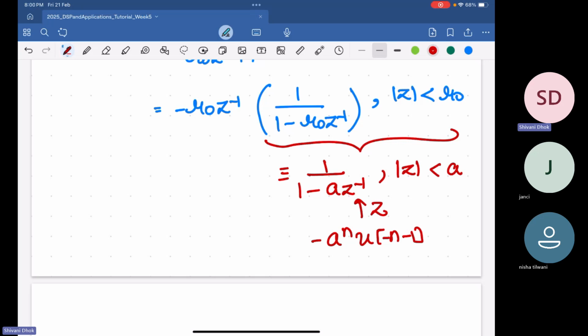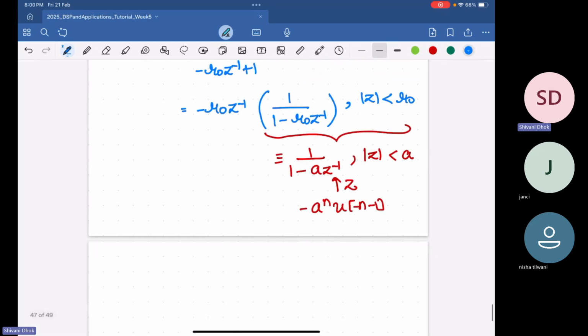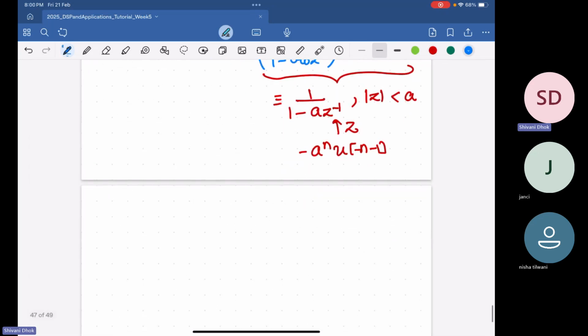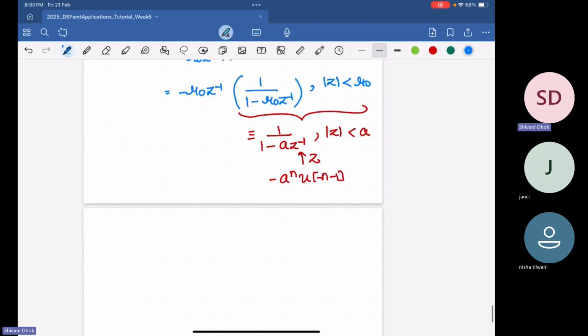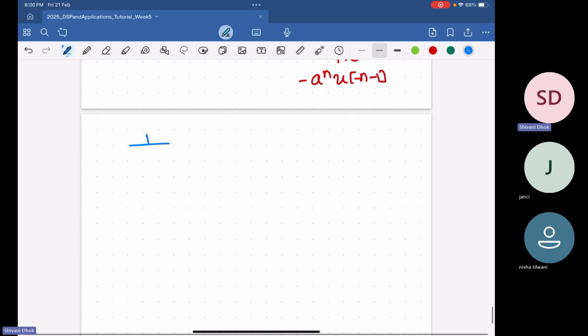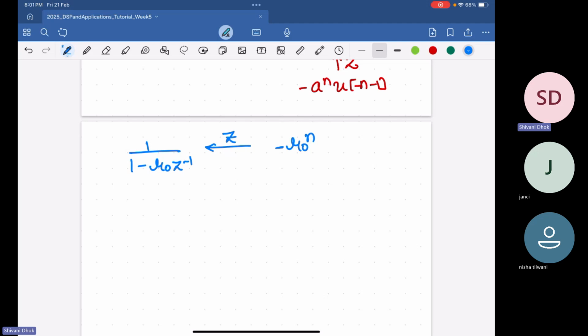Okay, this is okay. So what we have now is this thing here, 1 upon 1 minus R0 z inverse. So its inverse z transform, in this particular region of convergence, is minus R0 to the power n u of minus n minus 1.